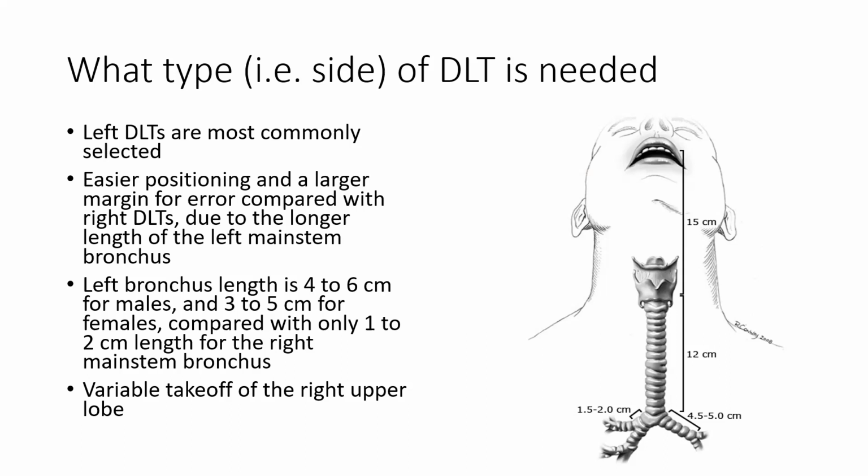There is also the presence of a right upper lobe with a variable takeoff from the right main bronchus, so there is a risk of obstructing the right upper lobe if you use a right double lumen tube. So it is more challenging and prone to complications. That's why most clinicians will go for the left double lumen tube as much as possible.